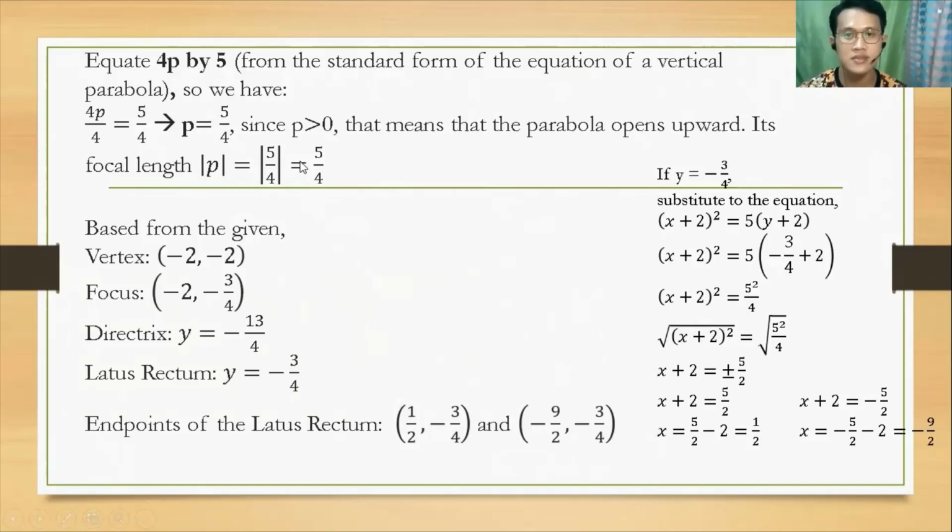When you combine your -2 with your focal length, 5/4, you need to move downward 5/4 units. So basically 5/4, that's 1 1/4, right? So we added 1 1/4 units below. Yeah, that's how you should do it.